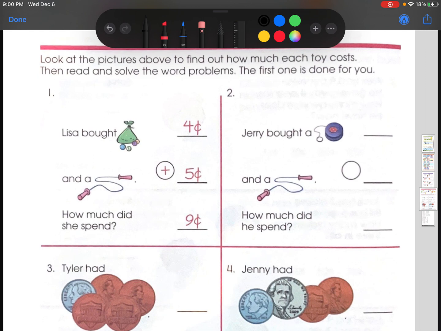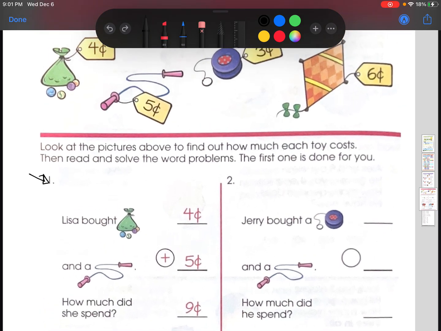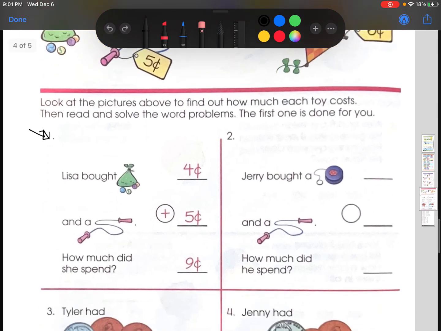Lisa bought. So if we look at this example real quick, right here, Lisa bought this. I think it's a bag of marbles, and a jump rope. I would think this is a jump rope and this is a bag of marbles. How much did she spend?